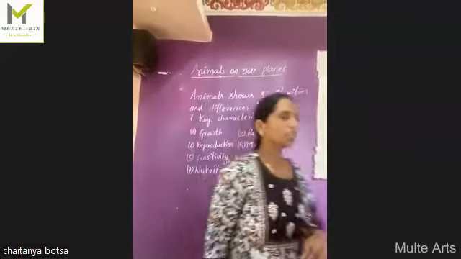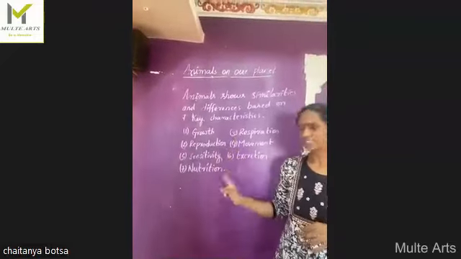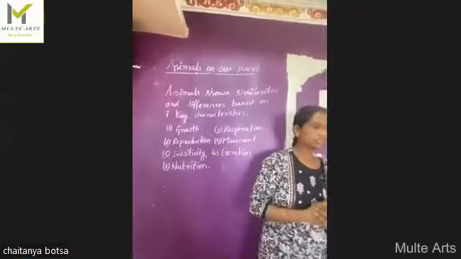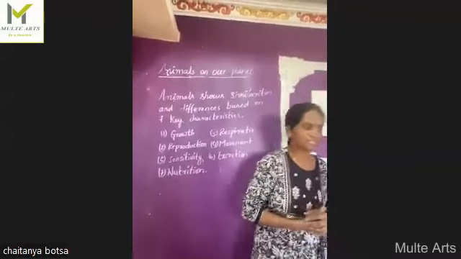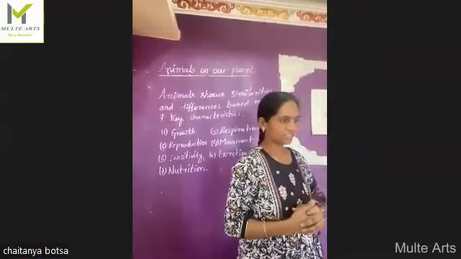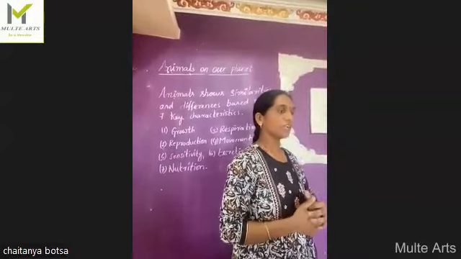Children, based on these 7 key characteristics, animals show similarities and differences, and we can classify animals based on the food they eat, reproduction, and movement.